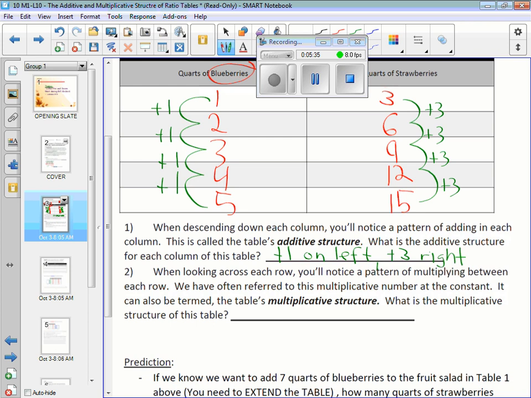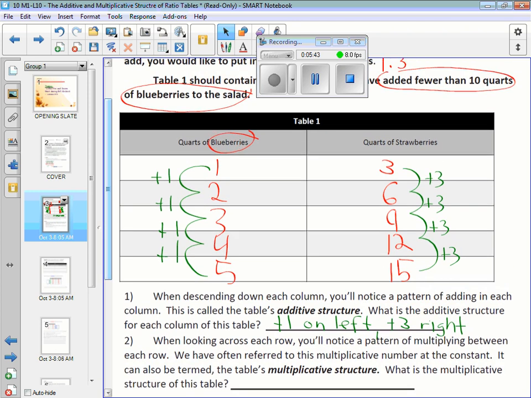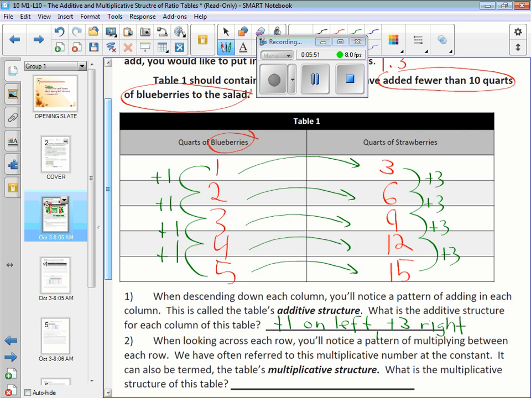Now what we're going to do is take a look at the multiplicative structure. In order to do that, we're not comparing as we go down the column. We're going to take a look at what's happening as we go across the row. To get from 1 to 3, what are you doing?